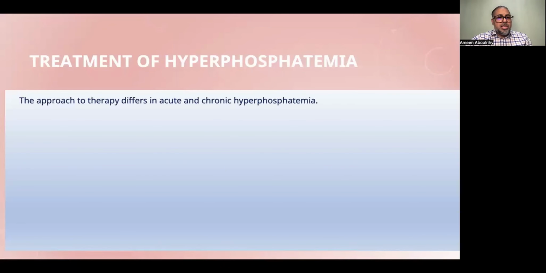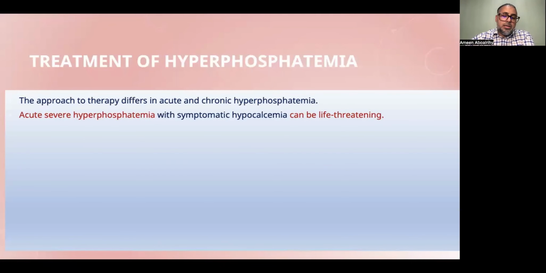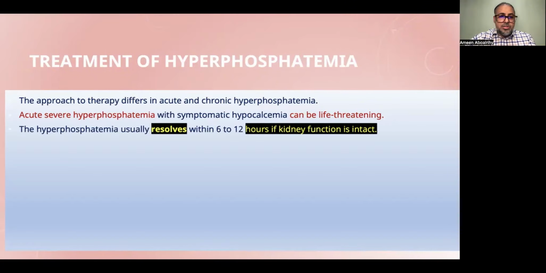For the time, I'll skip those. The treatment is, if we're talking about an acute rise in phosphate and the kidney function is fine, just wait, replete the volume for your patient, and the kidney will take care of that phosphate within 6 to 12 hours.